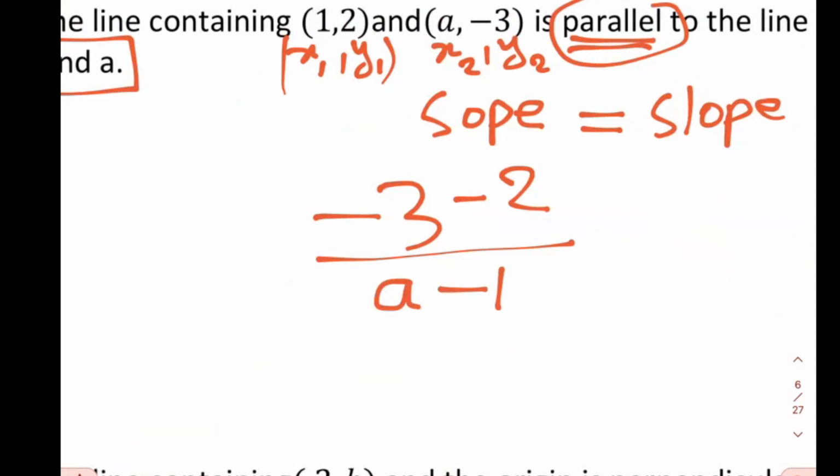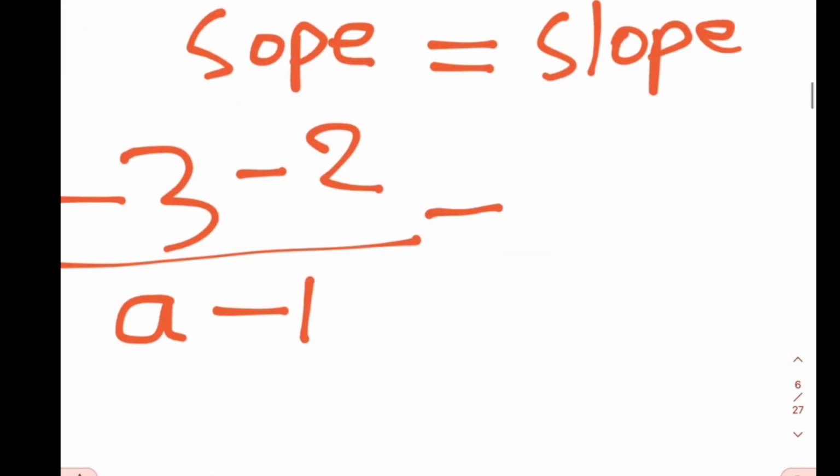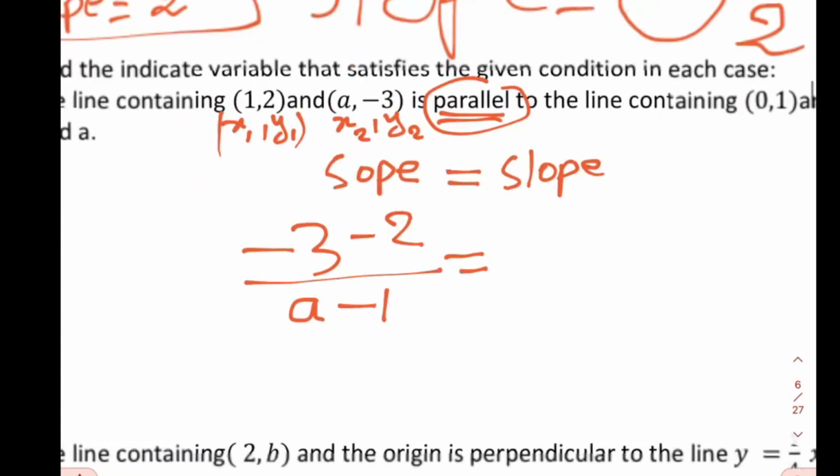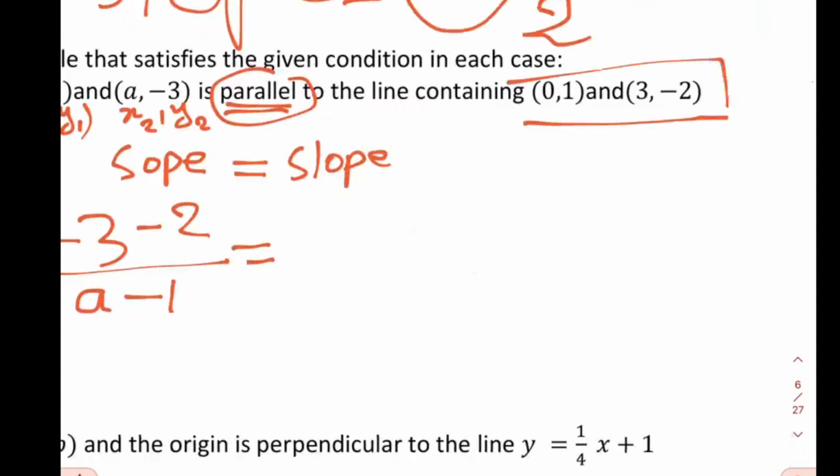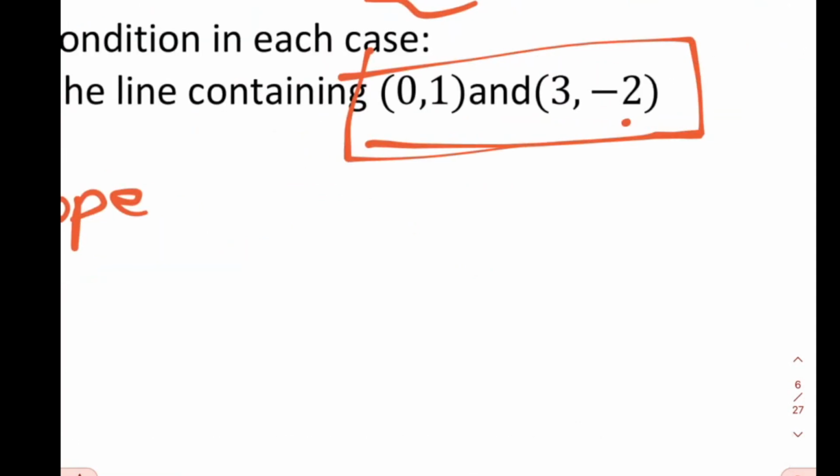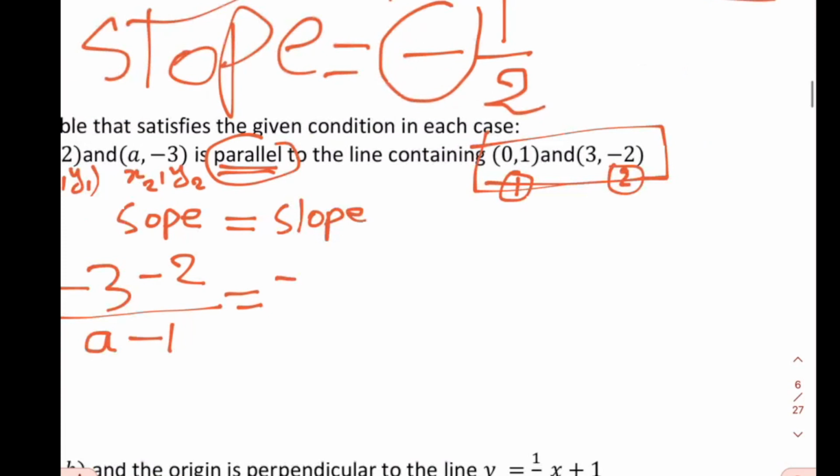We have a variable here, you don't need to worry, because we're going to solve it. Equals, we take the slope of the second line, which is passing by these 2 points. We use the same formula. So let's take this point 2 and this point 1. So we get negative 2 minus 1, okay? Negative 2 minus 1 over 3 minus 0, x2 minus x1.